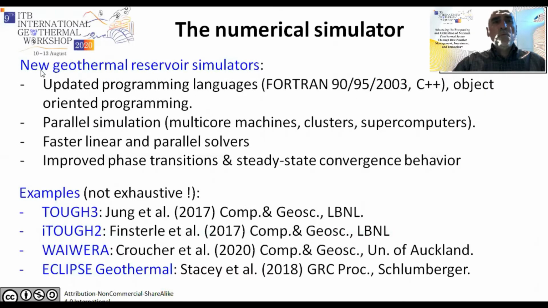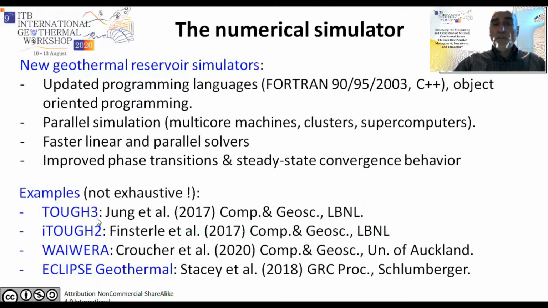So, which are the new geothermal reservoir simulators? They are built with updated programming languages, Fortran 90, 95, 2003, and C++, with object-oriented programming. They allow parallel simulation in multi-core machines, clusters, and supercomputers. They have faster linear and parallel solvers and improved phase transition and steady-state convergence behavior.